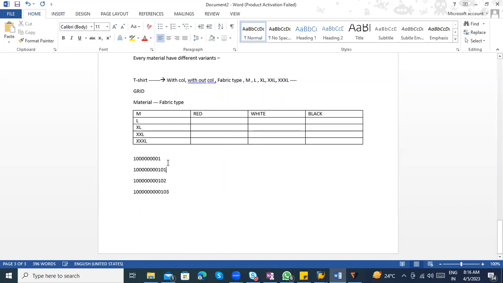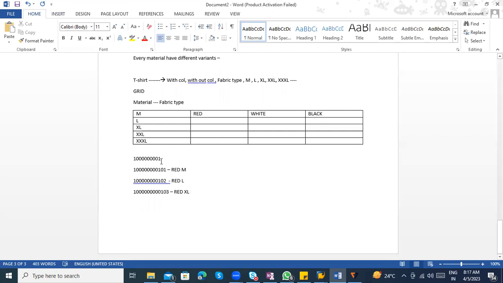The main material is associated with this generic article. If it is red color, medium; red color, L size; red color, XL, everything will be created.